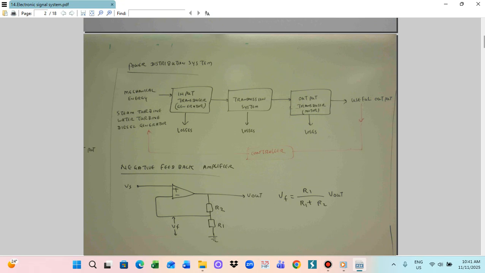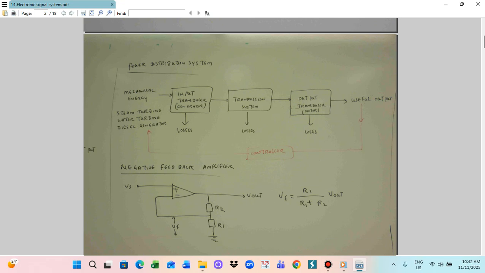Then we supply to the transmission system, which can also have losses. This is the power transmission line, and the output transducer will be the motor, which also has losses. Finally, the output power is supplied as useful output. So this is a typical process system.